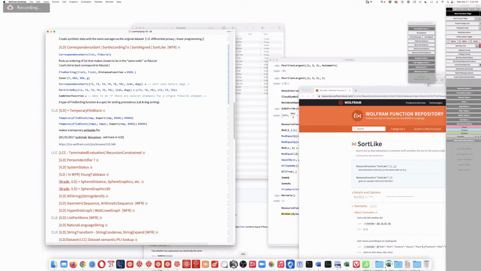Temporary file block. Didn't we do something like this? There was with lock, but that's different. This is actually interesting and useful. There's a block of code, it makes a temporary file, and then at the end it cleans it up. I guess we have with cleanup, which makes this trivial.